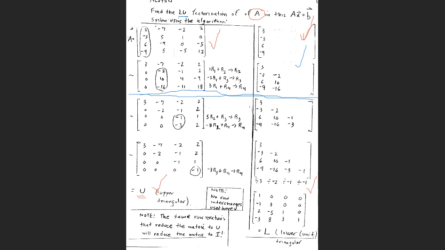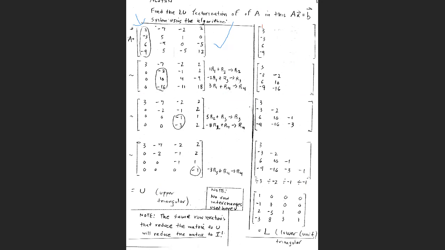So what I do is I have the matrix A and I focus on this first column. I take that first column and put it in another matrix.